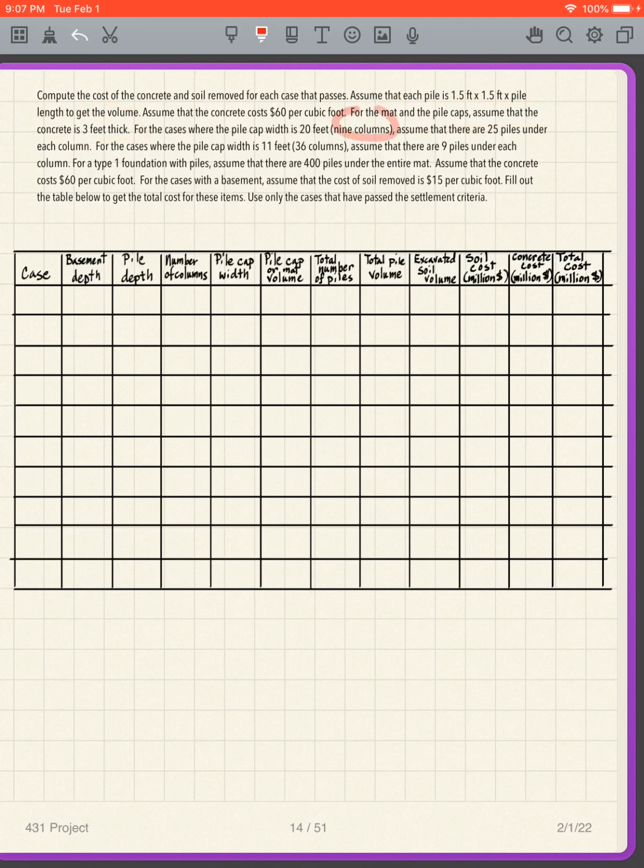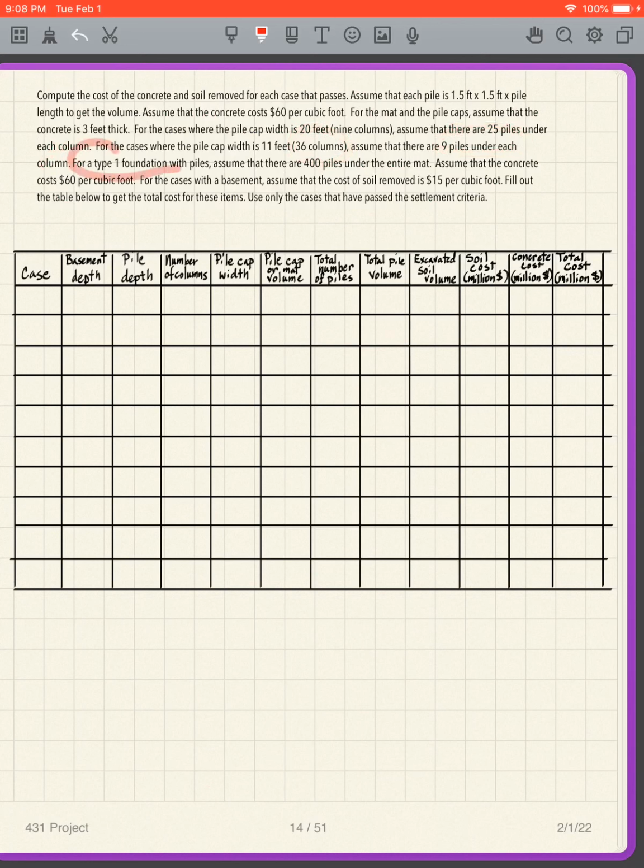When I have 9 columns, you're going to assume that there are 25 piles under each column. So this is type 2 foundations. When you have 36 columns, assume there are 9 piles under each column.